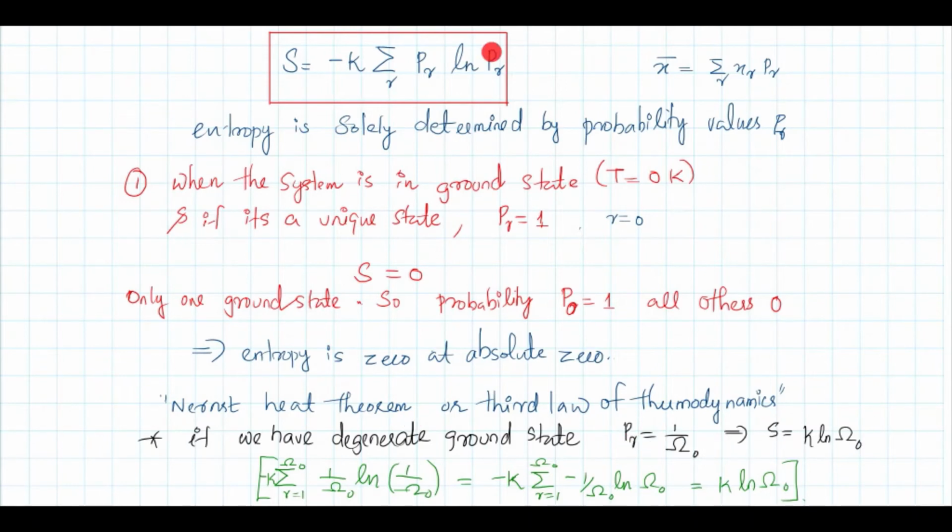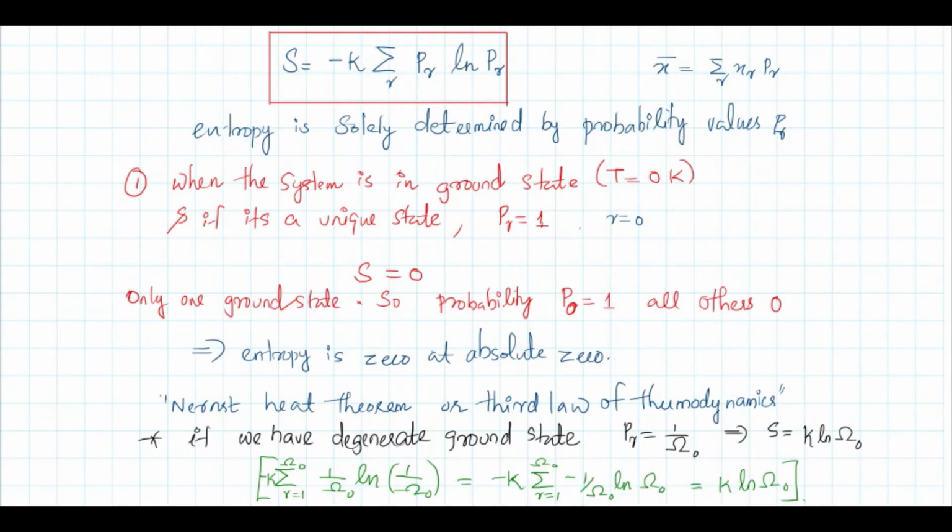If you substitute PR as 1 by omega 0, you will get S is equal to K log omega 0. How? This PR is 1 by omega 0, and this PR is also 1 by omega 0. The summation is over all the microstates, that is, R will run from 1 to omega 0. Log 1 by omega 0, you can write as minus log omega 0. This minus and this minus becomes plus. So that will give you K into sigma R equal to 1 to omega 0, 1 by omega 0 log omega 0.